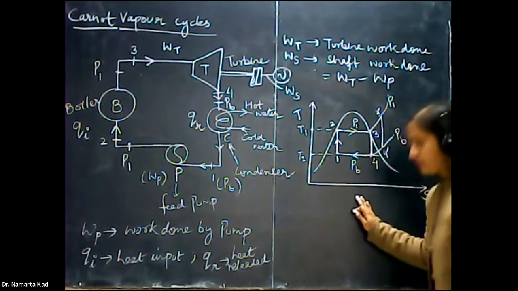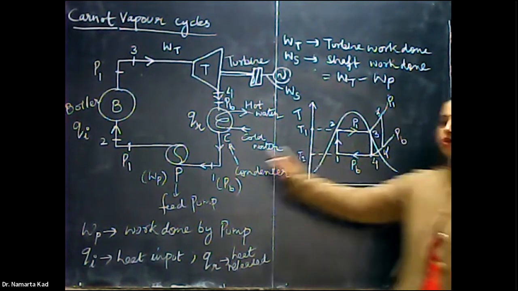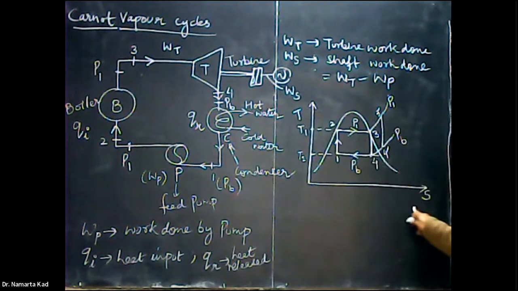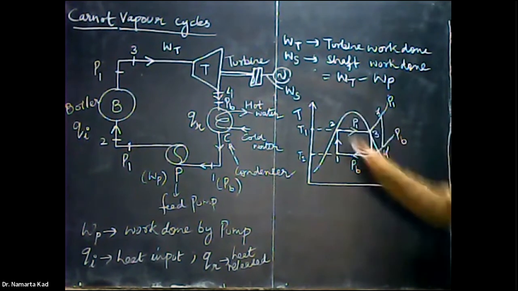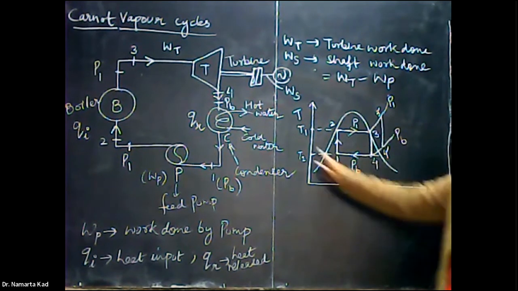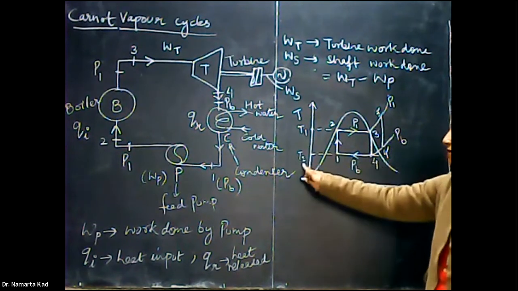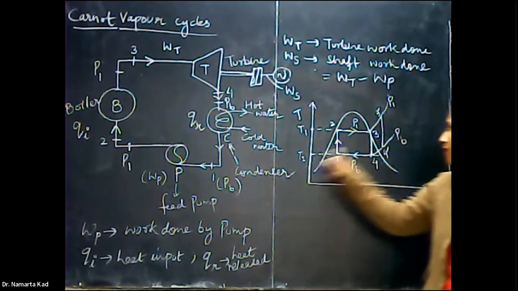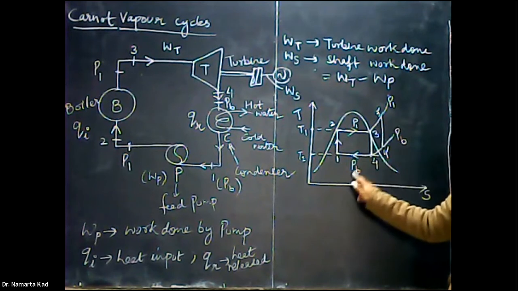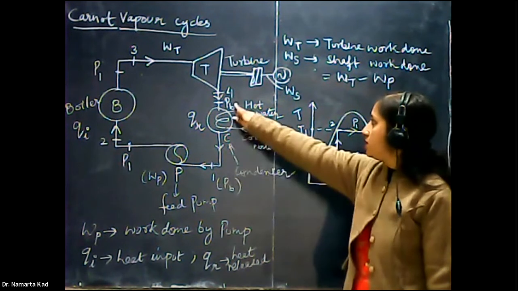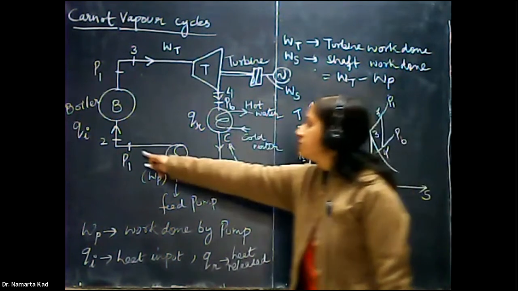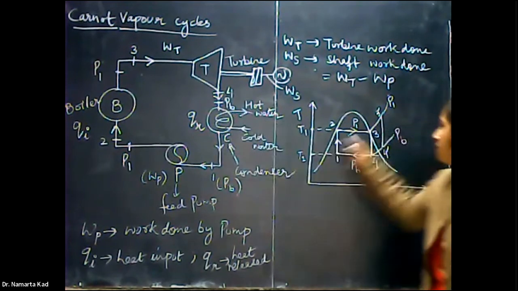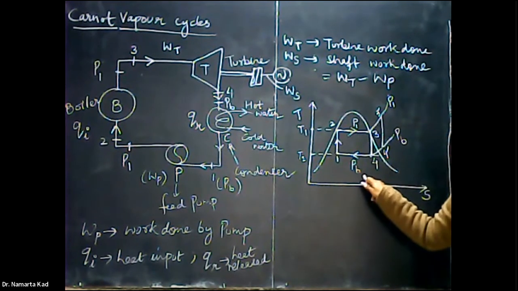So these are the characteristics obtained for the Carnot cycle working, and this is between the temperature and enthalpy characteristics, where the pressure is also plotted. And see here, these are the different temperatures T1 and T2. T1 is the higher temperature and T2 is the lower temperature in the cycle. And these are the pressures. PB is the pressure in this stage. Here it is PB. And here is the P1 and P1. And as you have seen here, P1 is greater than PB.